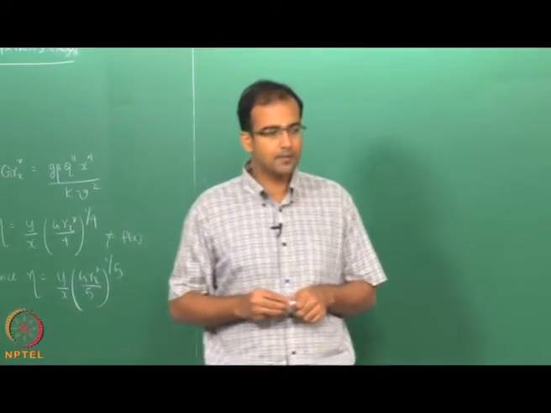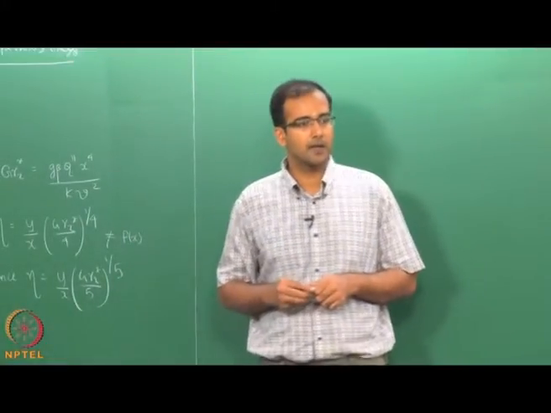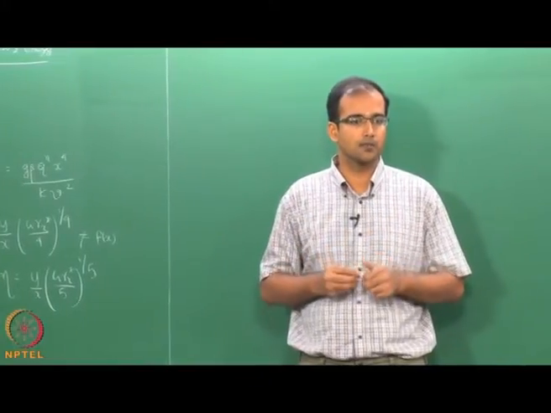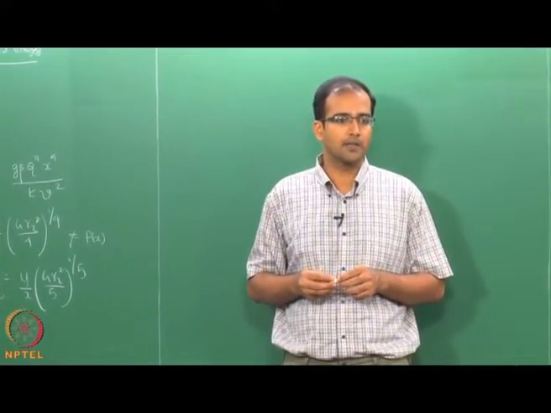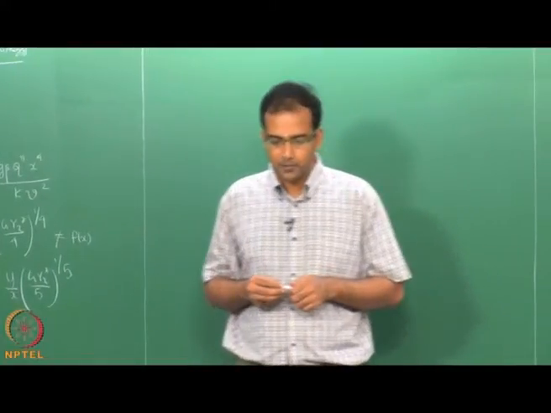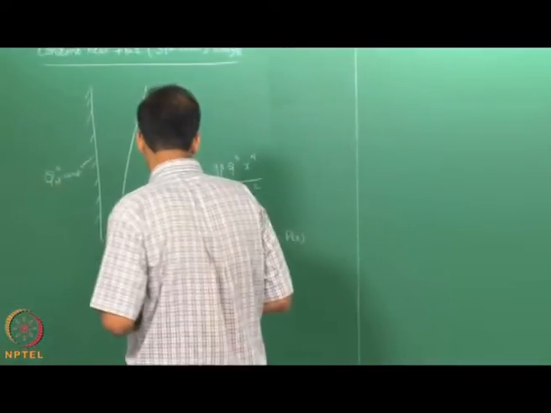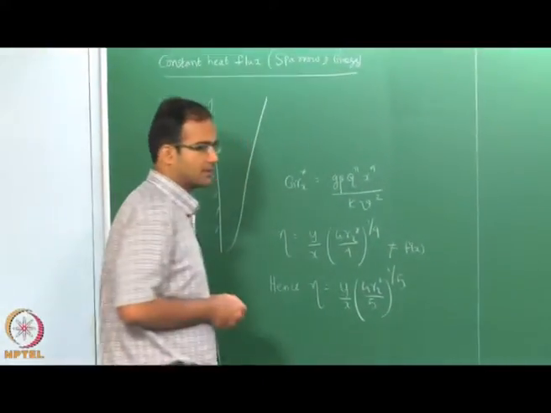We will see with this modified definition of the similarity variable whether we can successfully reduce this into a similarity differential equation. Before doing that, let us also calculate the order of magnitude of the reference velocity.